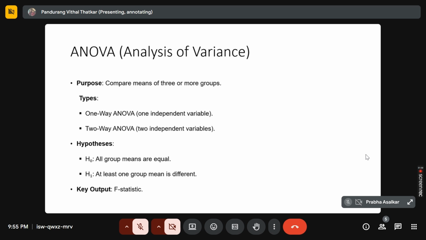To find the significantly different group, we have to further conduct a post hoc test that will make pairwise comparisons. Suppose group 1 with group 2, group 1 with group 3, and group 2 with group 3. That will be after conducting ANOVA. If we find that at least one group is different, then to find which group is different, we can conduct a post hoc test.